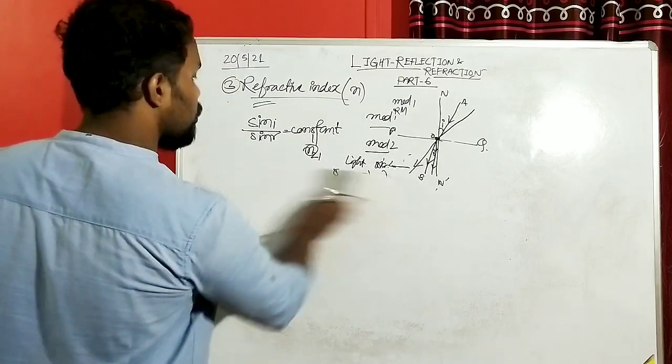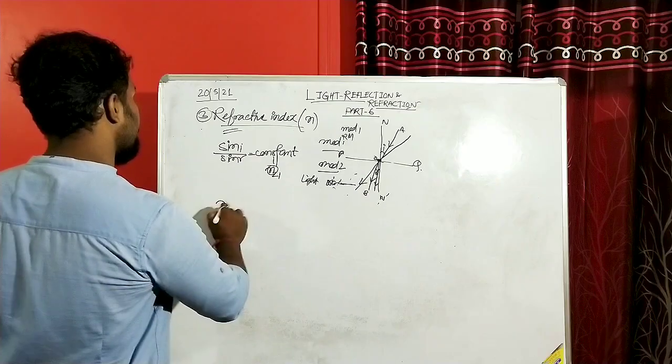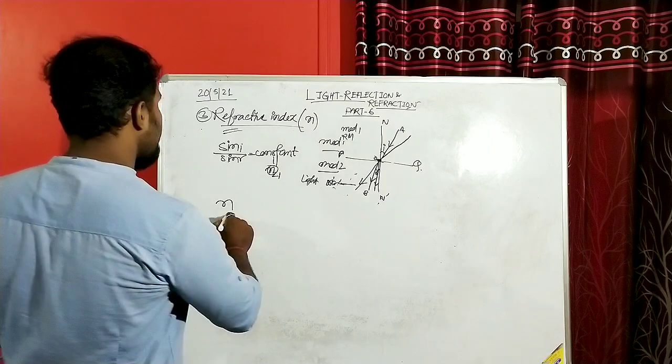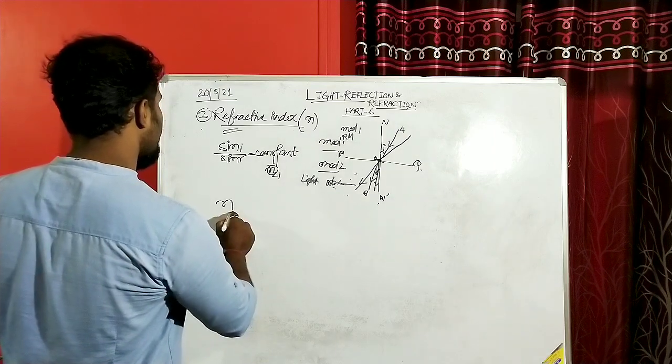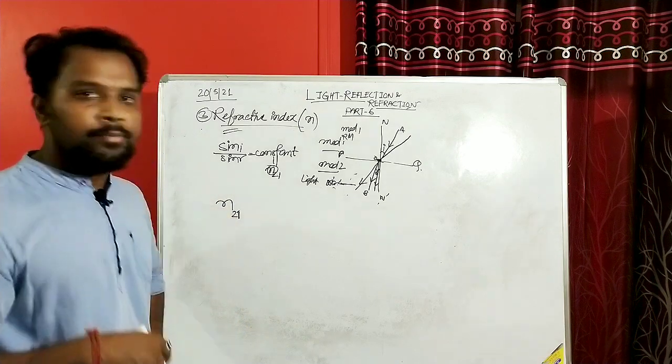Now there's one more concept of refractive index. When we calculate the refractive index n of a certain medium, consider medium 2, 1. That means the refractive index of medium 2 with respect to medium 1.